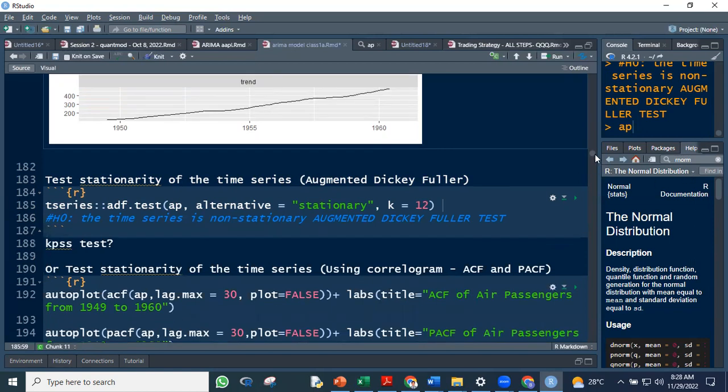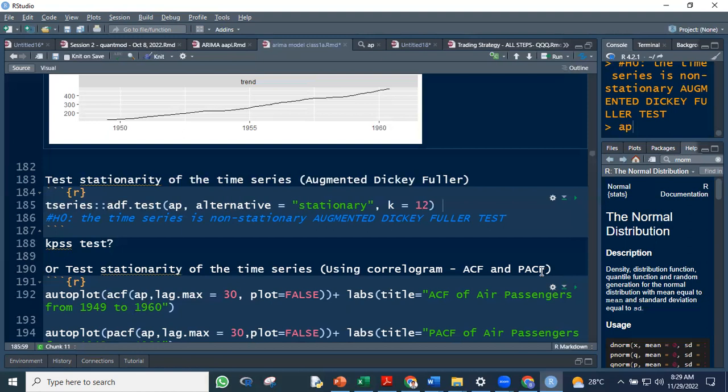All right. Another way to test it is by using the correlogram, using both the ACF, the autocorrelation function, and the partial autocorrelation function. What we do with the ACF and PACF is test whether our data is correlated for different lags.